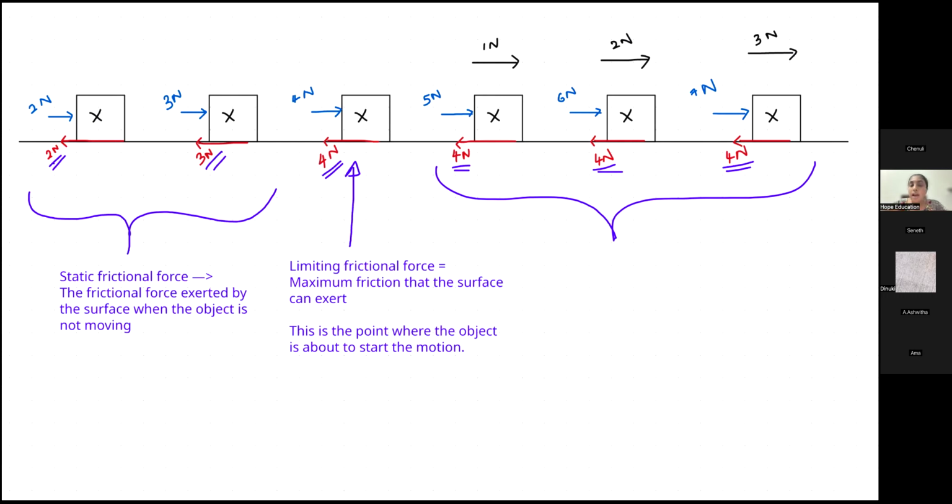So here the object is moving but still the frictional forces are there. So these are called dynamic frictional forces. Dynamic frictional force means the frictional force exerted by the surface when the object is moving. Friction තිබ්බට object එක move වෙනවා because the force that I am exerting is greater than the limiting frictional force.